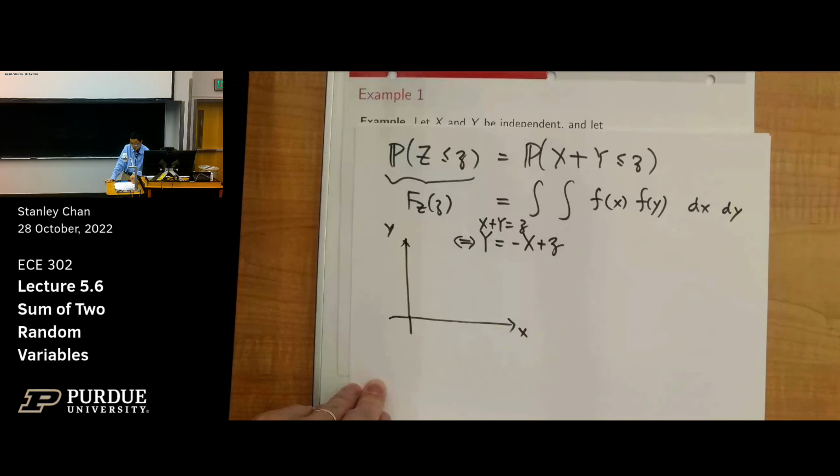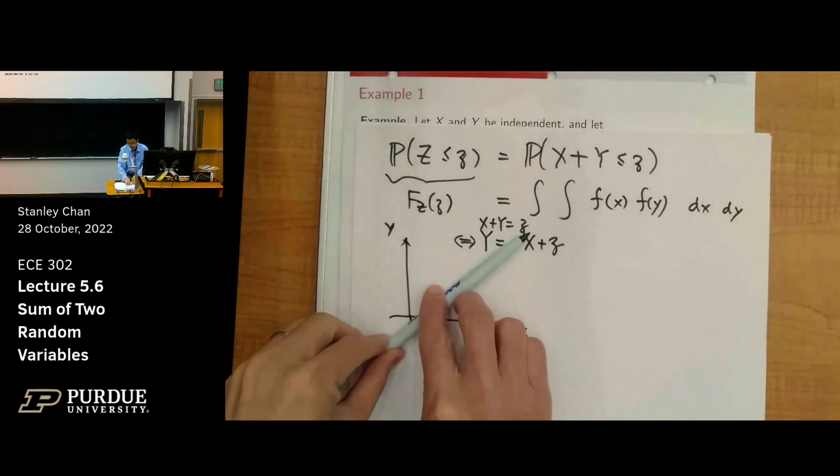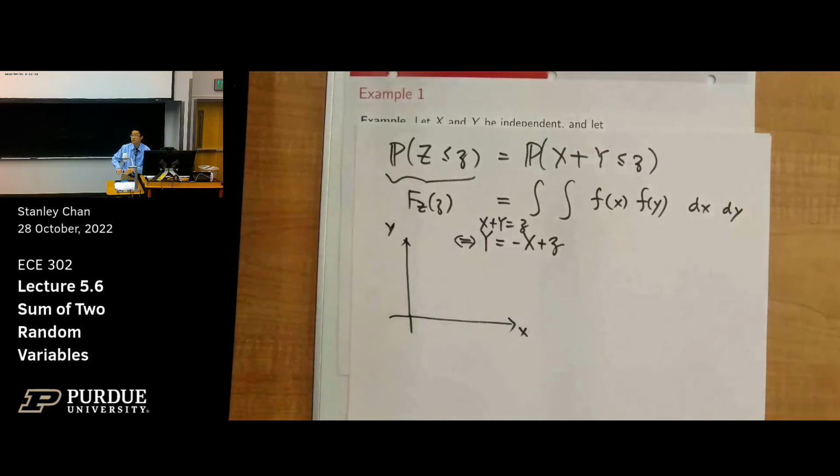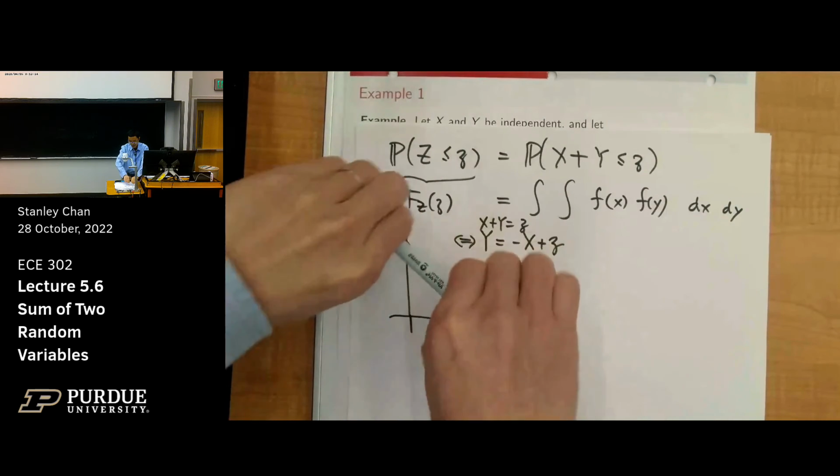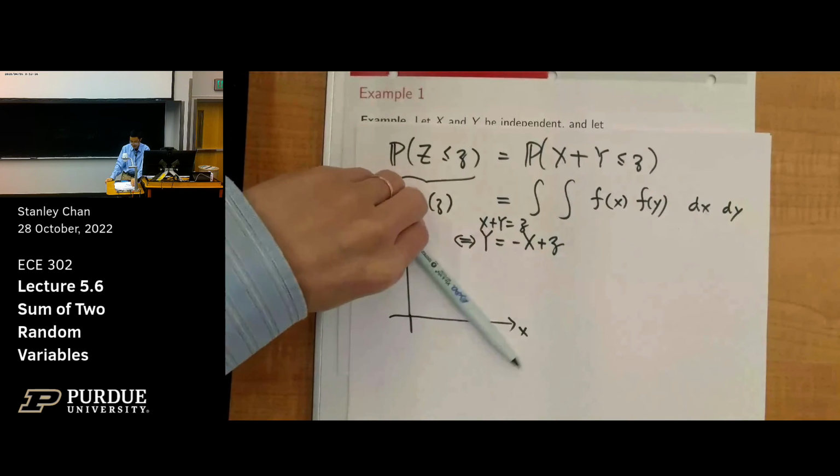So what should be the line that is defining this? Of course, it has to be diagonal. Is it the positive slope or the negative slope? Positive or negative slope? This or that? A or B? B. Excellent.